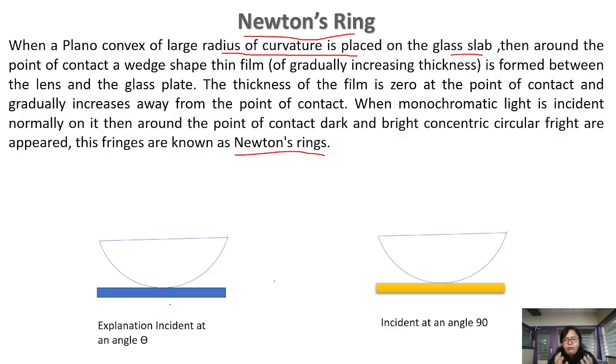Around the point of contact, in a 3D view, a space is created, a wedge-shaped passage is created. A similar type of passage is created around this point when we place a plano-convex lens on a glass plate.